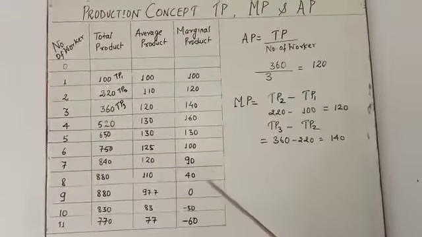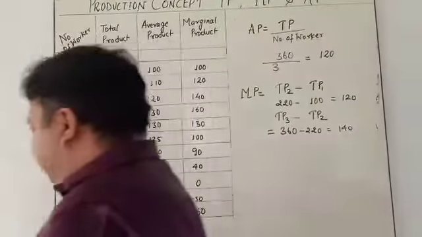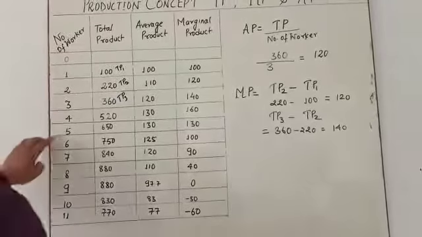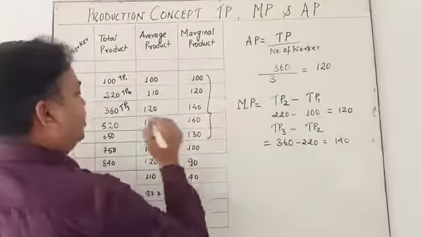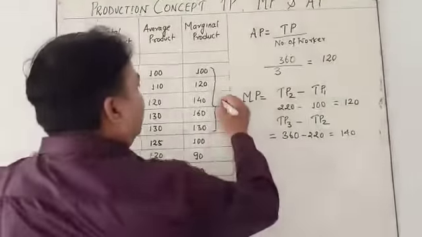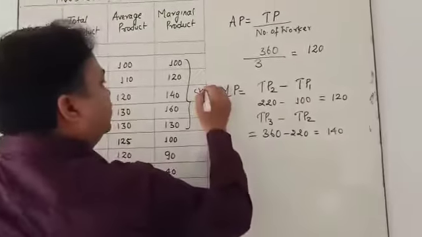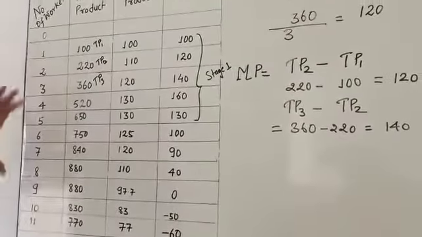So, my dear student, what happens here? You can divide this criteria up to this level. That is called stage 1. Up to this level, that is called stage 1. Okay. It is called increasing.